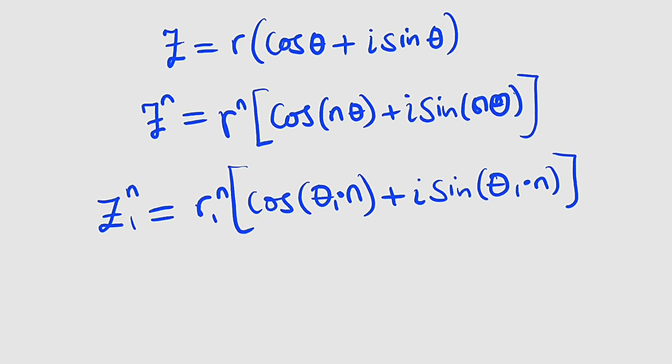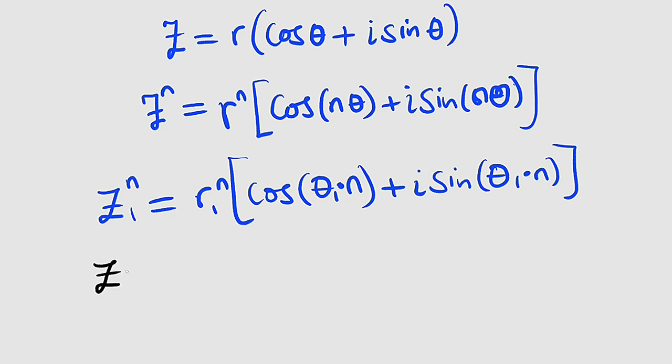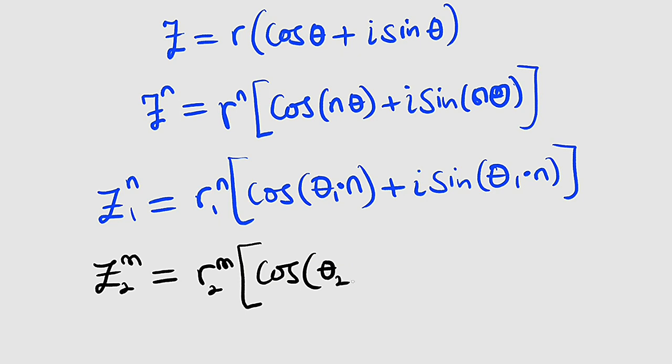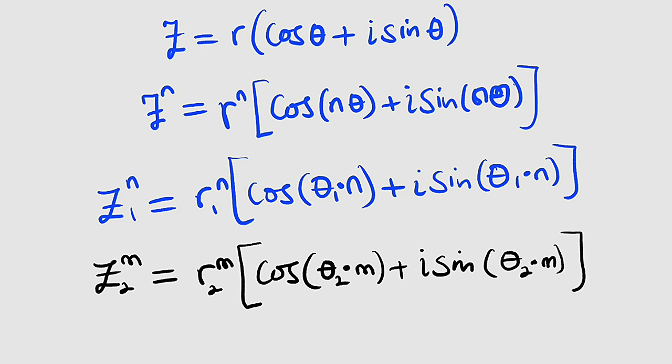Then for z2, suppose we have another one, z2 raised to the power of m this time around. This is equal to r2 to the power of m, then multiplied by cosine of theta 2 multiplied by m, then plus i sine of theta 2 multiplied by m. So this is for the second complex number.